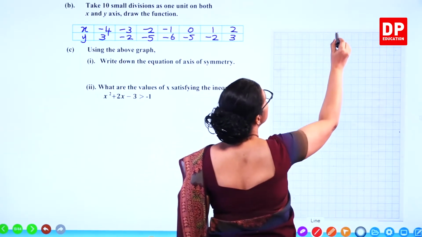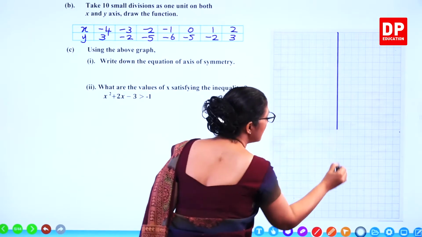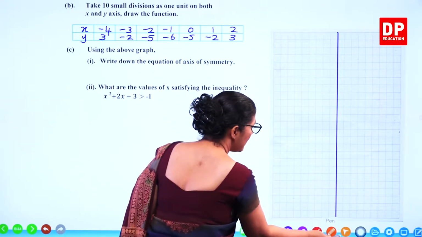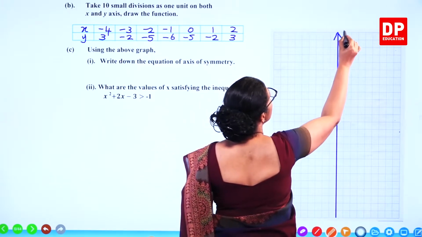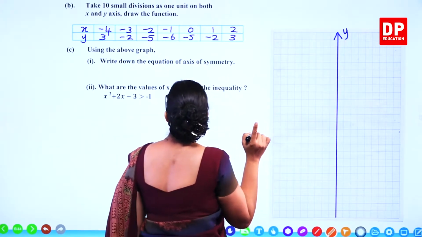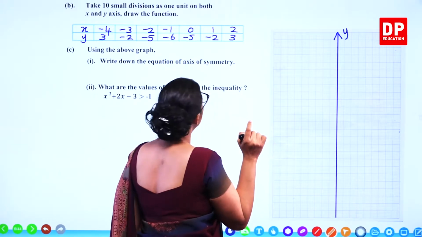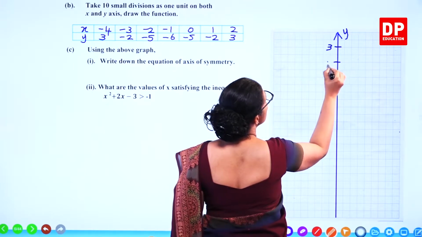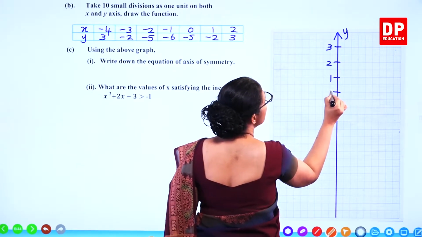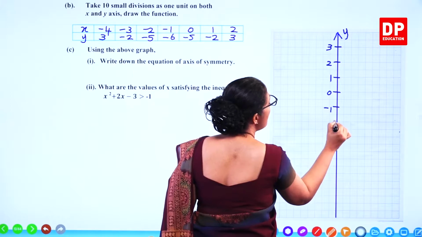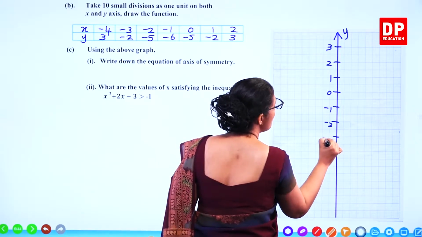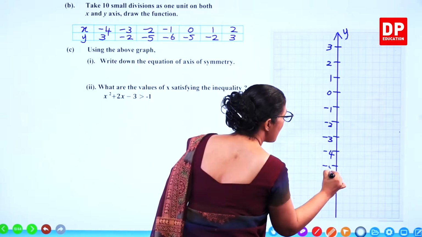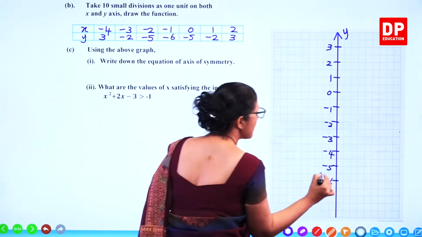So we can draw the line here, y-axis, and then what's the maximum y value? That's 3. So we can start here 3. 2, 1, 0, -1, -2, -3, -4, -5 and -6.